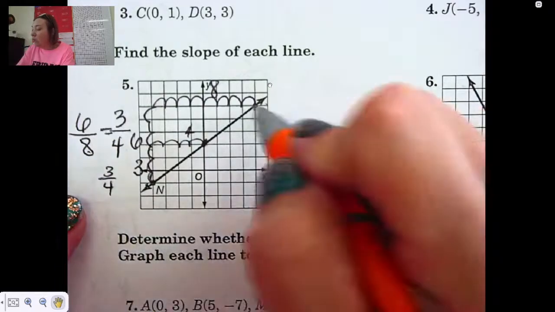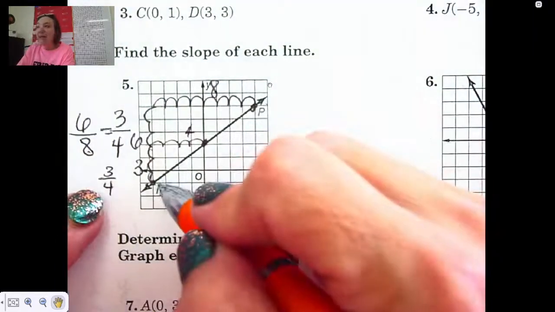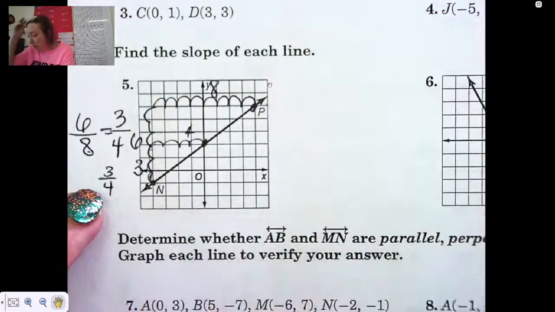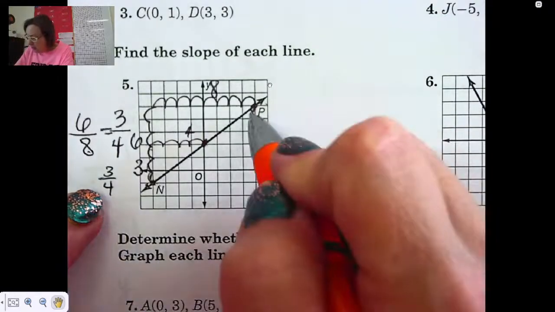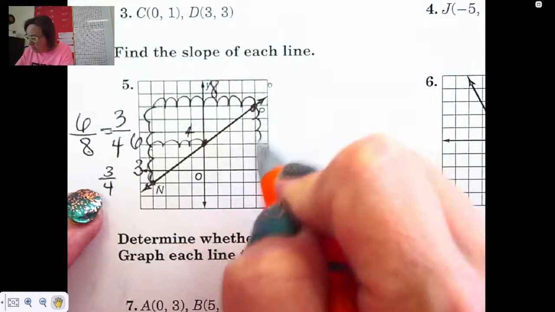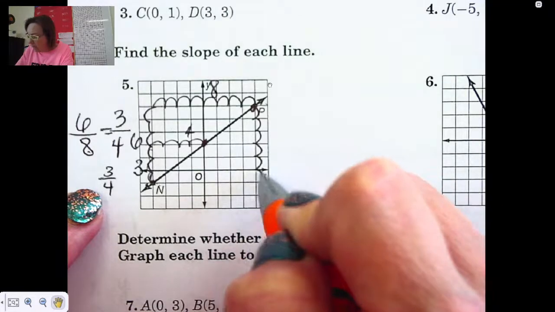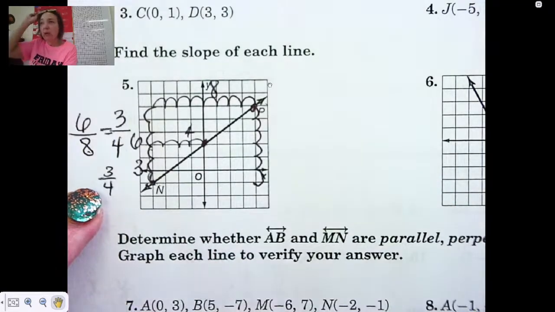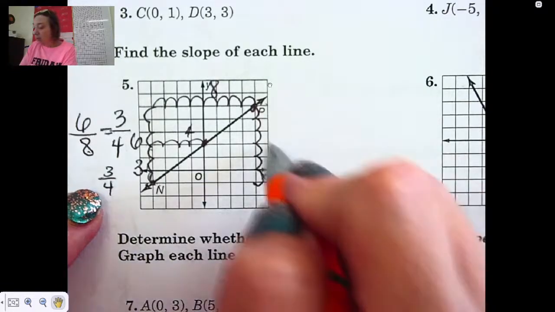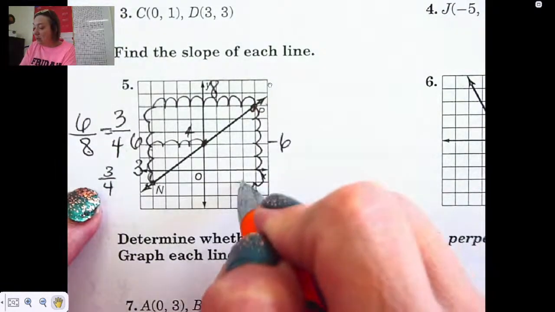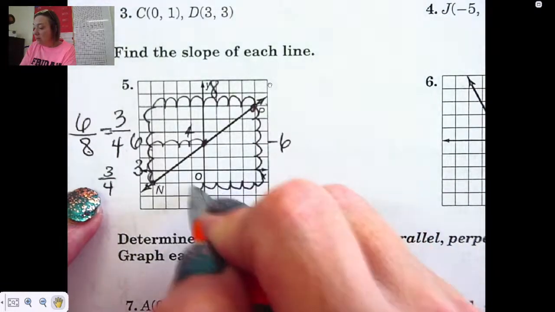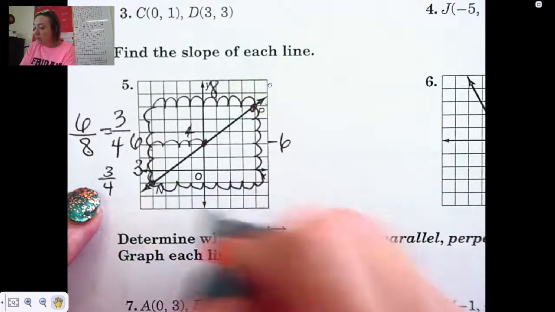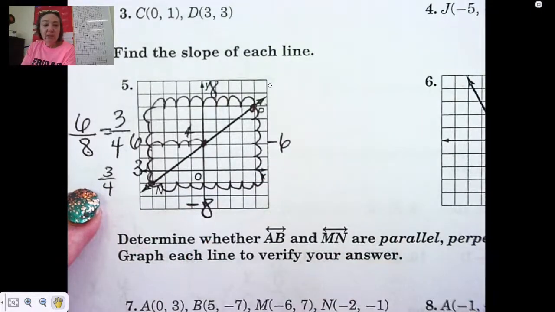Or what if you started at P and you went down to N? So if we did that, 1, 2, 3, 4, 5, 6, but what direction did we go? So that makes it a negative 6, right? But then when we do this, that's going to be a negative 8.